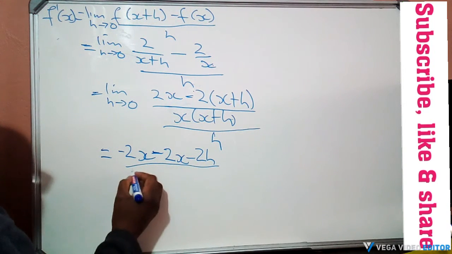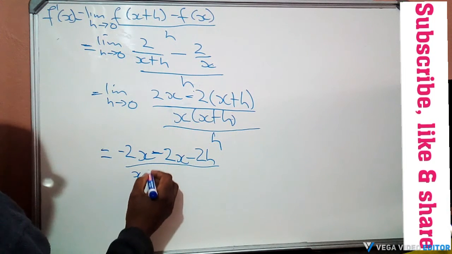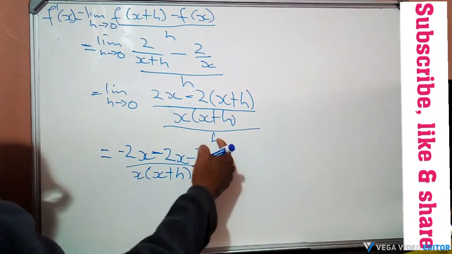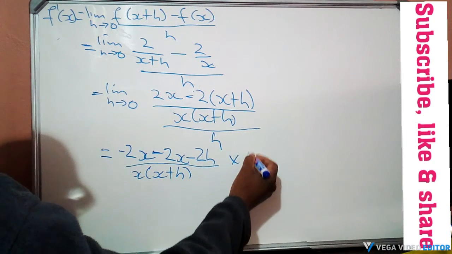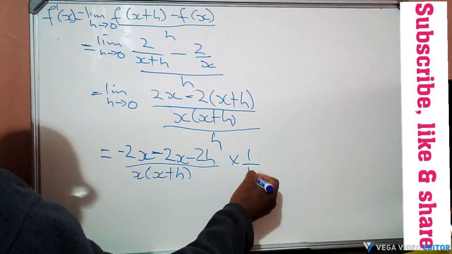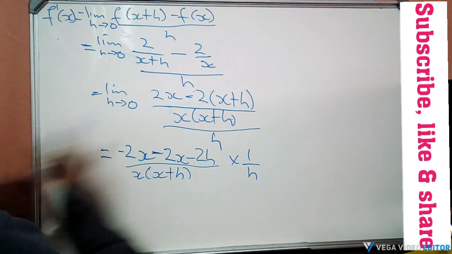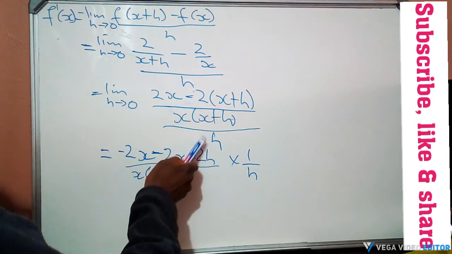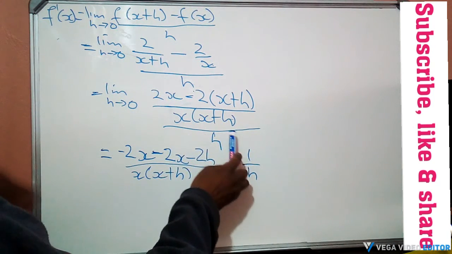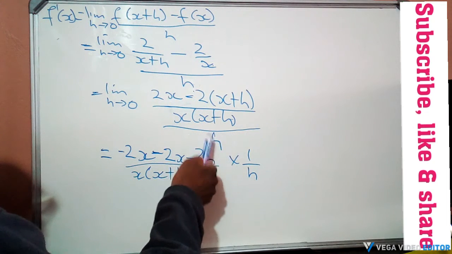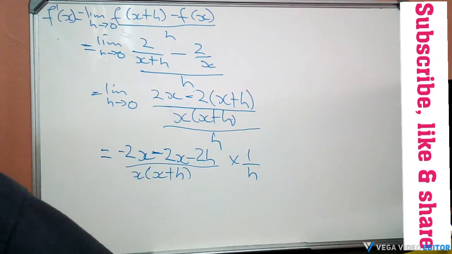Divided by x plus h, times 1 over h, because we want to get rid of that. Remember, this one was divided there, so when it comes, we are dividing a fraction. This was h over 1, so now it becomes 1 over h.